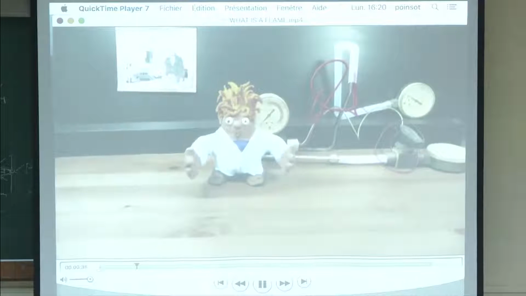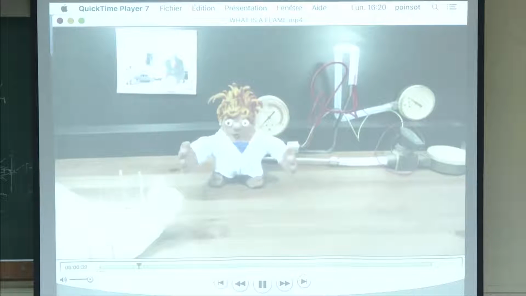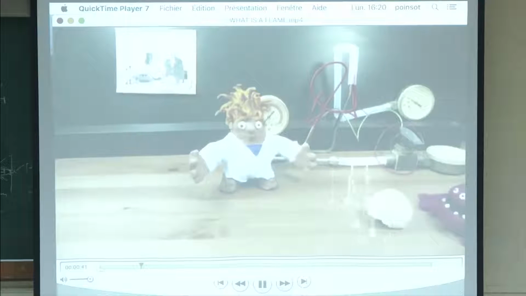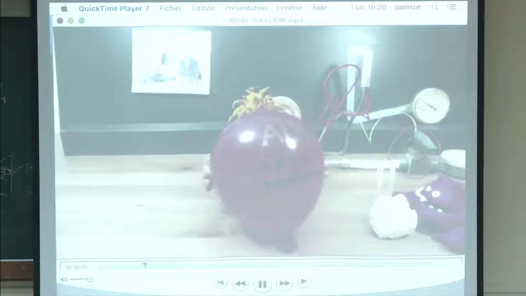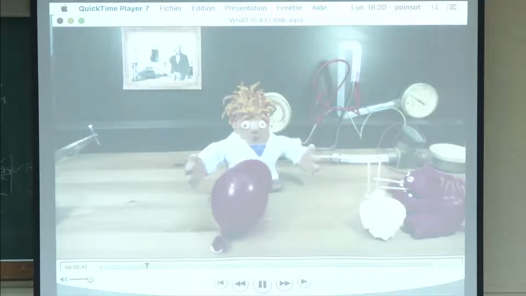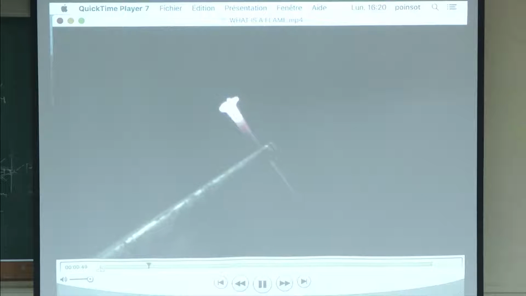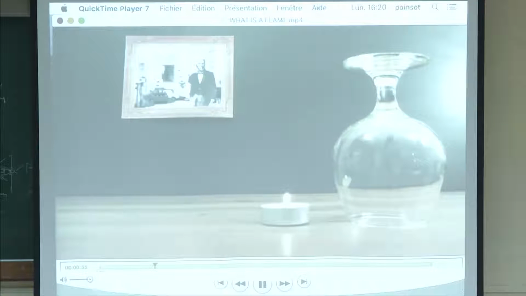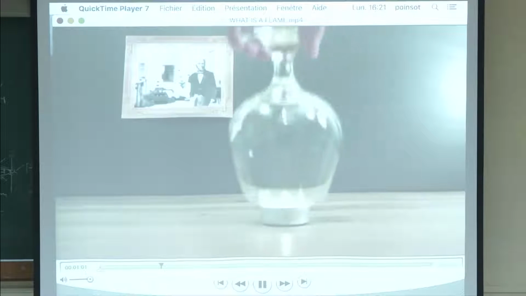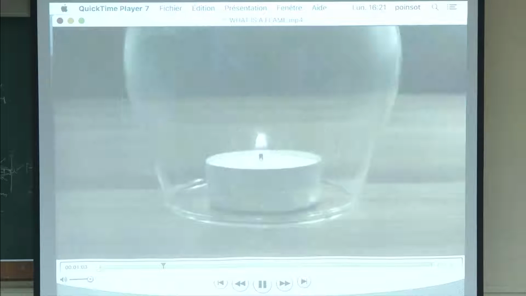Let's see, to have a flame we need three things. First, the fuel, which contains energy and which can be vapor or fluid. Then the oxygen, which is part of the air, and something very hot, like this nail or the sparks of this item, for example. If even one of these components is missing, the flame cannot survive. In the following experiment, when the flame has used all the oxygen trapped in this glass, it dies.